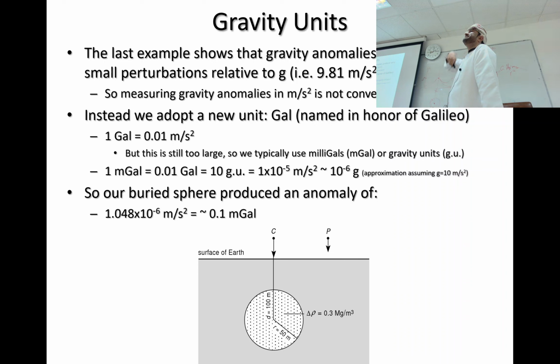Gravity unit is still smaller than milligal. So 1 milligal equals 0.01 gal. And equals how much? 1 milligal equals 10 gravity units, in terms of meter per second squared.